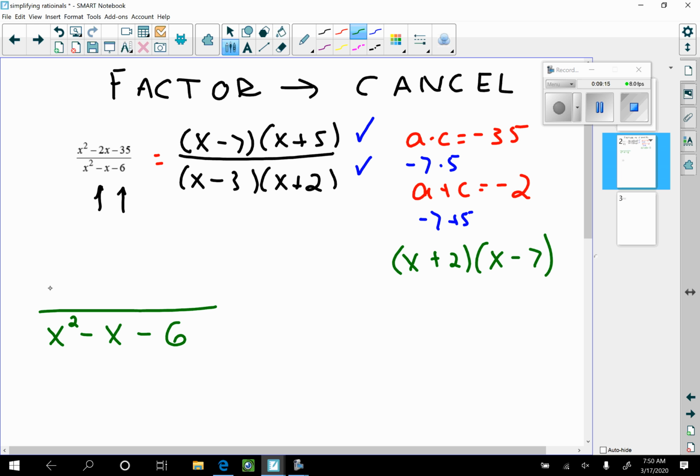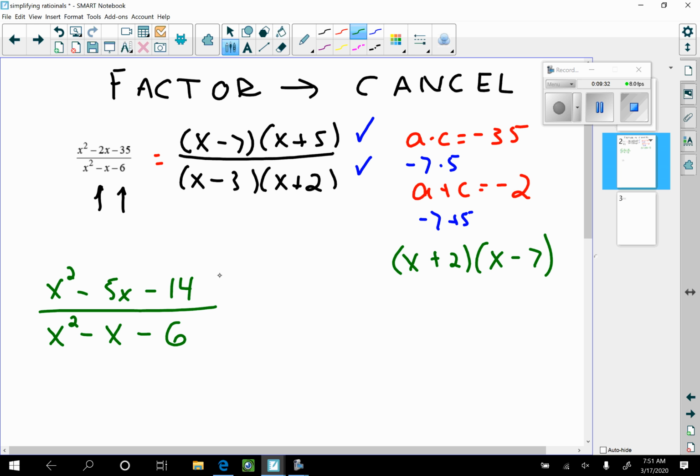That's going to be x squared minus 5x minus 14, because x squared, negative 7x plus 2x is negative 5x, negative 14.